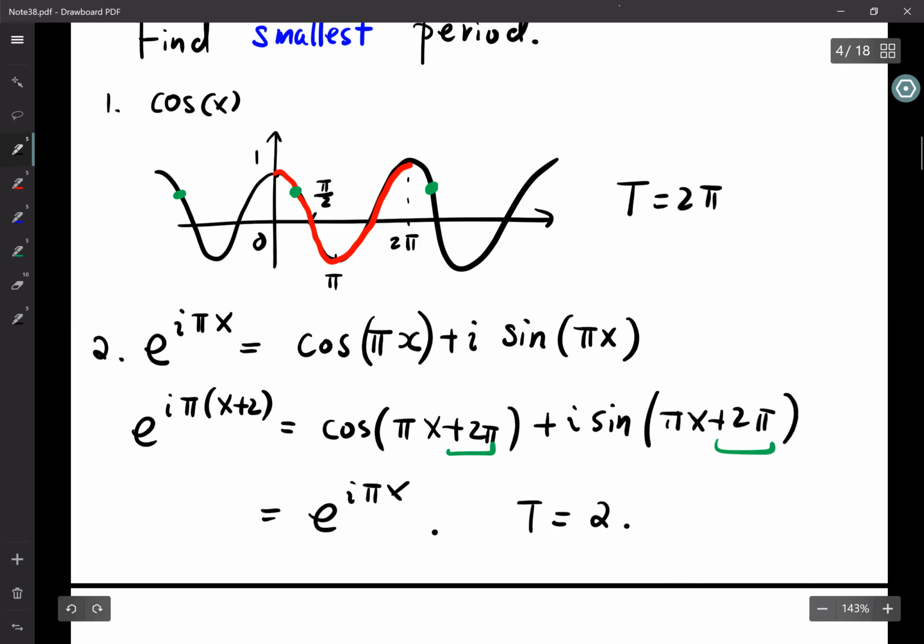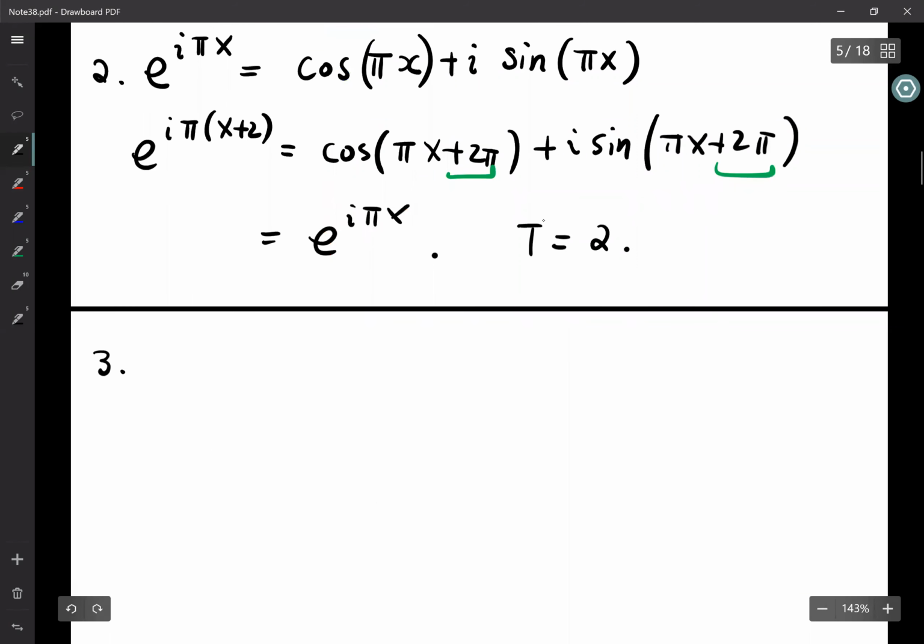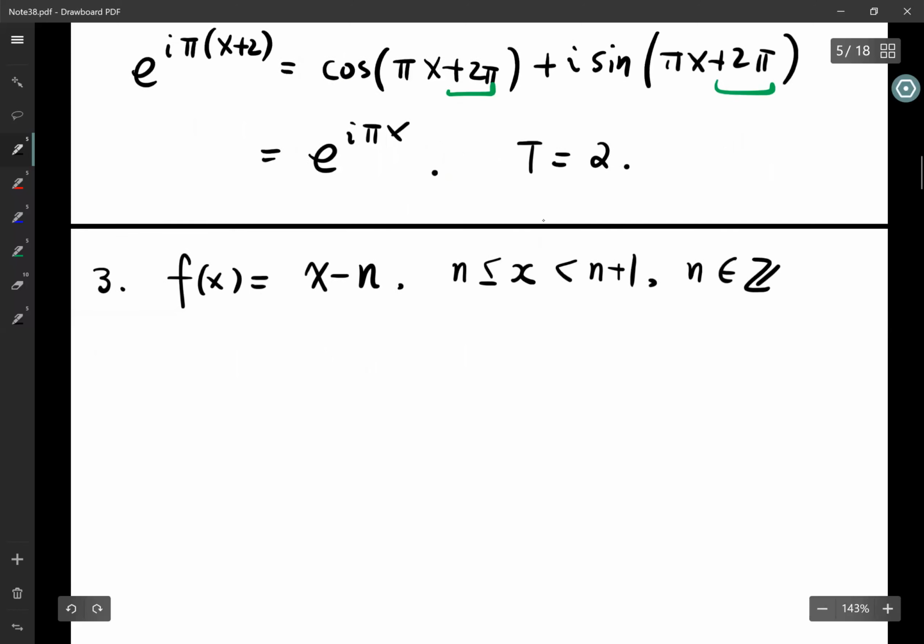Okay, so the third one is a little bit more exotic, and we consider f(x) defined to be x minus n, where x is between n and n plus 1, and n is any integer. Okay, what the heck is this?